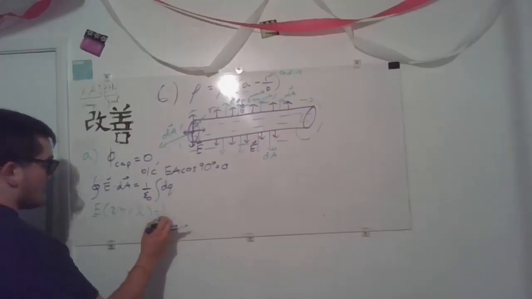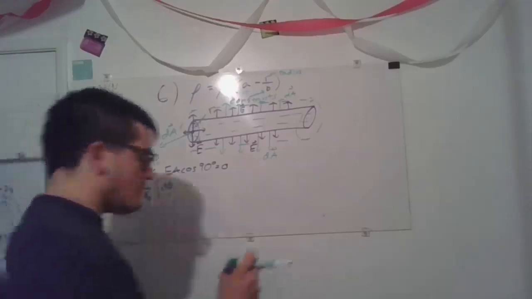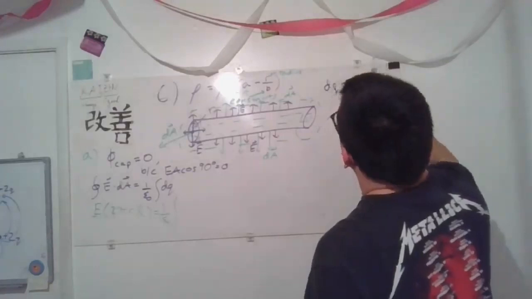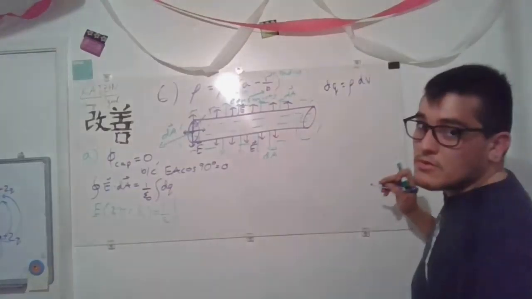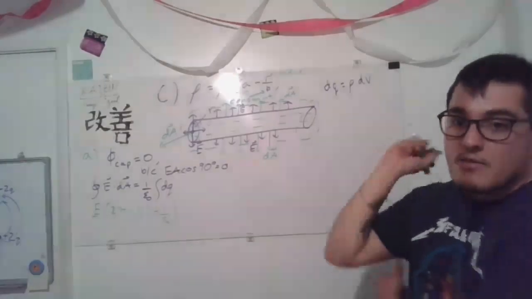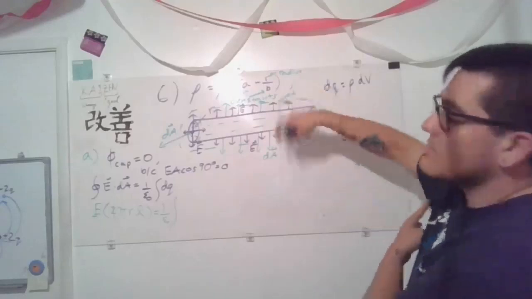And then I have 1 over epsilon naught. And what is dq? dq is rho dV, right? What's the volume of the lateral surface area? Anybody know?